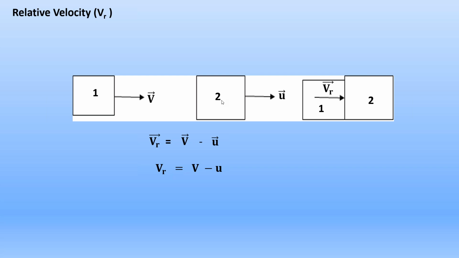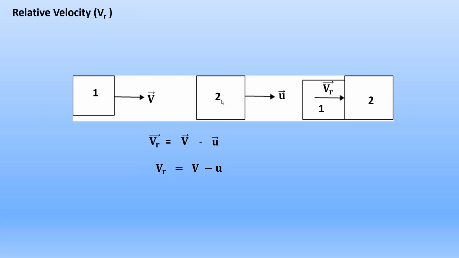Velocity is a vector quantity. Velocity has magnitude, velocity has direction, and velocity obeys the vector law of addition. That's why we consider the velocity of the first body as V bar.